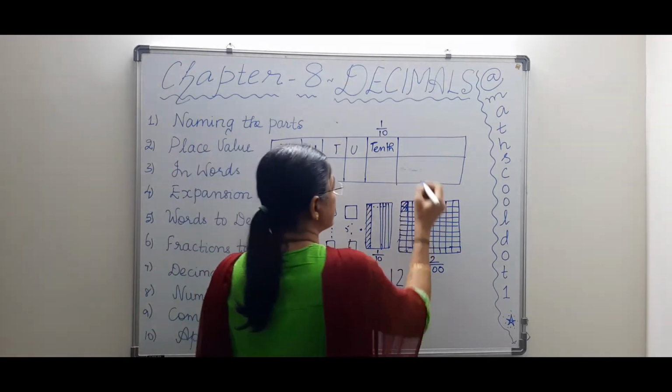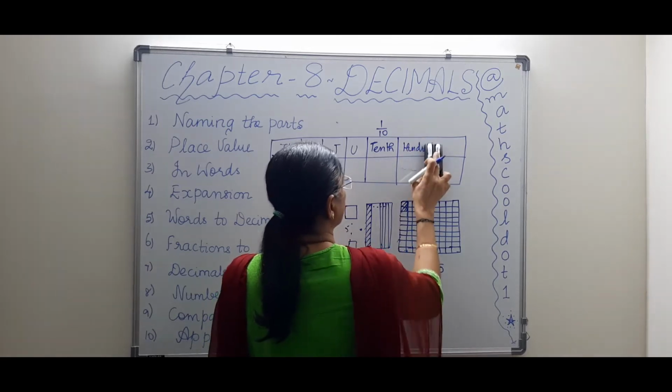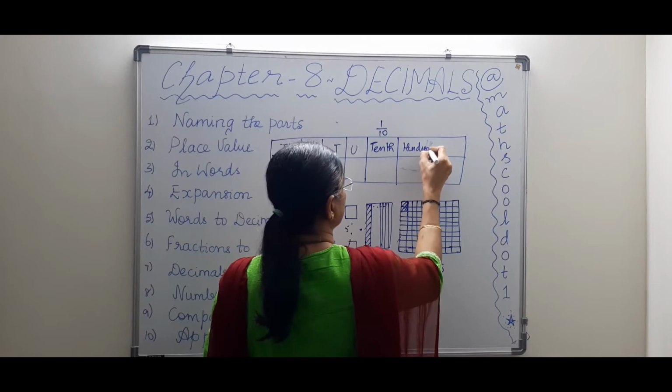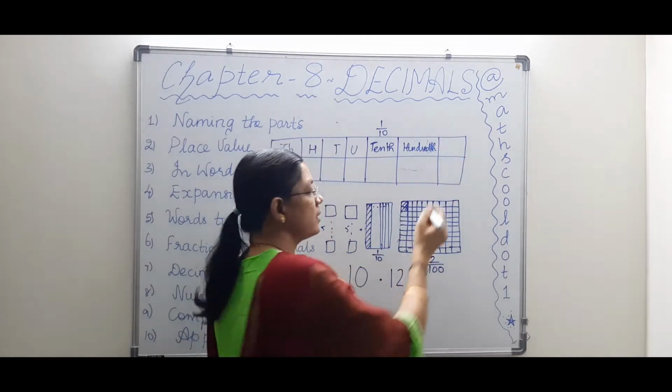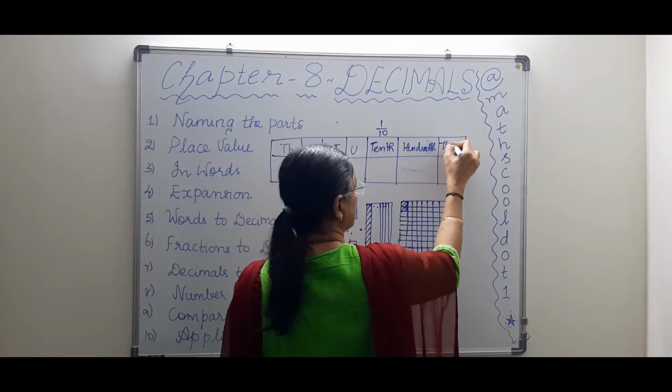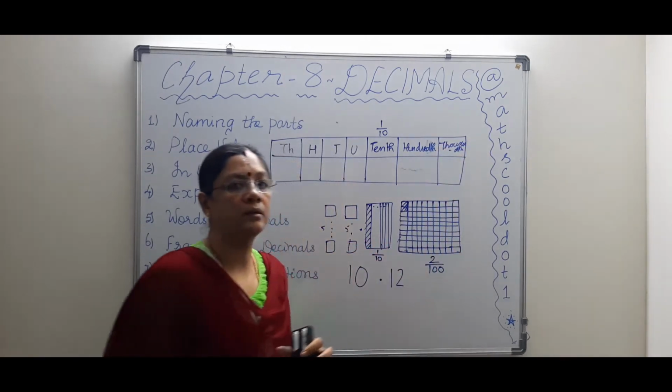Okay, and the next one is hundredth. It is called hundredth. And obviously the next place has to be thousandth. Okay, add th to the names.